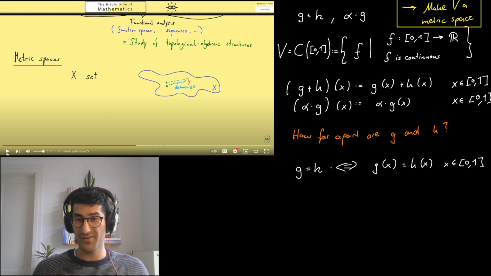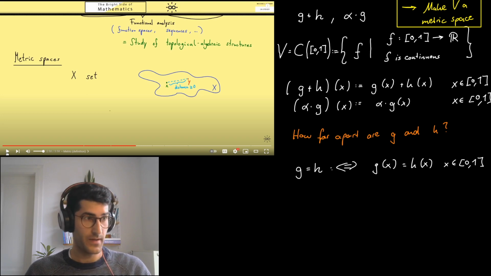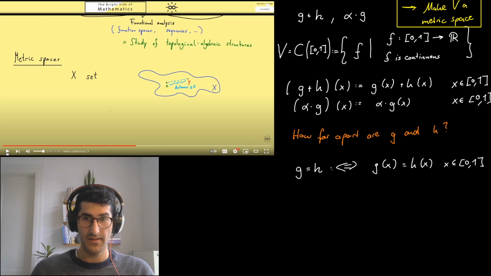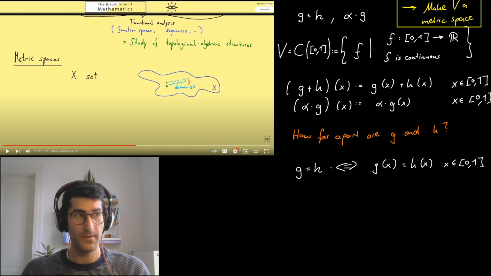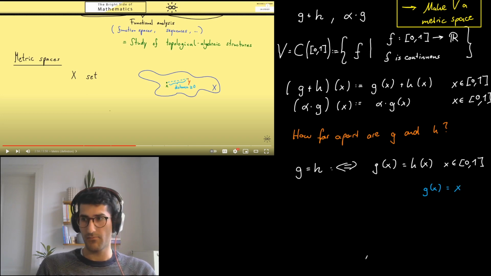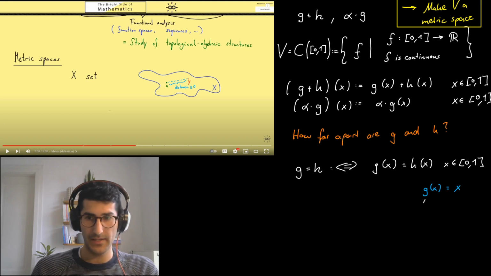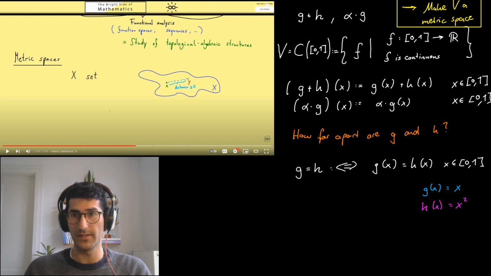So how could we now start to define a notion of distance in this high-dimensional vector space of functions? Let's start with an even more concrete example. Let's choose 2 functions, g of x, that we now choose to be x, so just a linear function, and the other function that we're going to consider, h of x, is the parabola x squared on the unit interval.